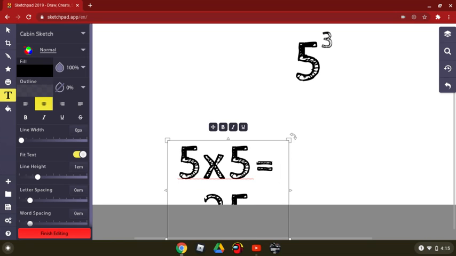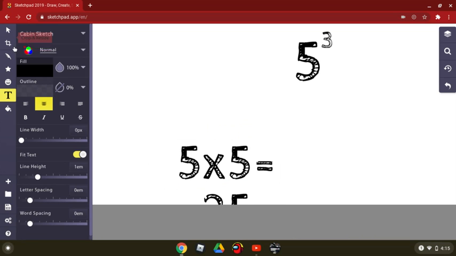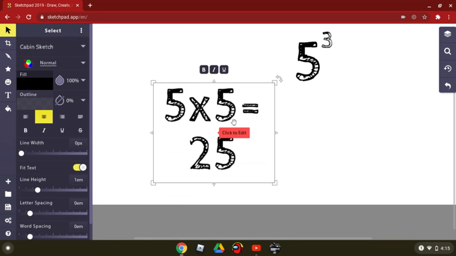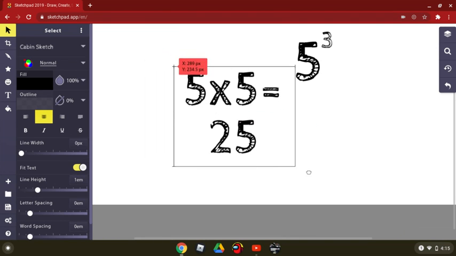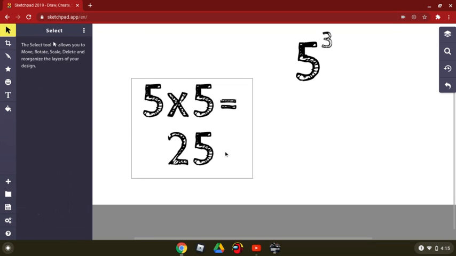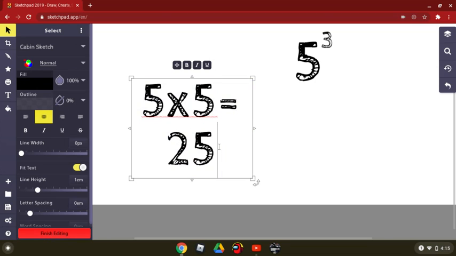So if we move this up so you can see it. That is 5 to the second power right there. So 25. And see, that's 5 to the second power, so we're not looking for that.